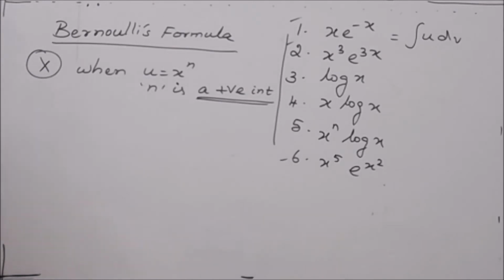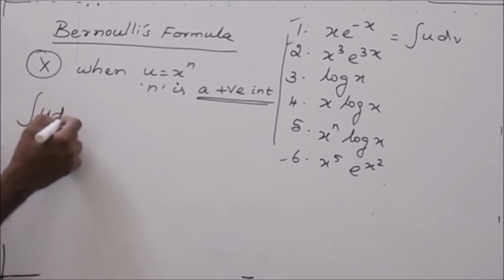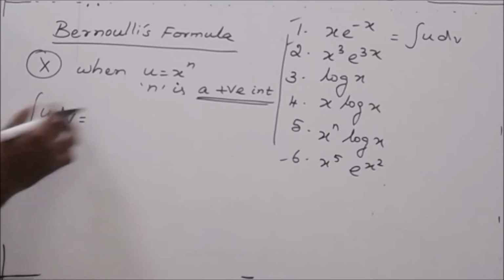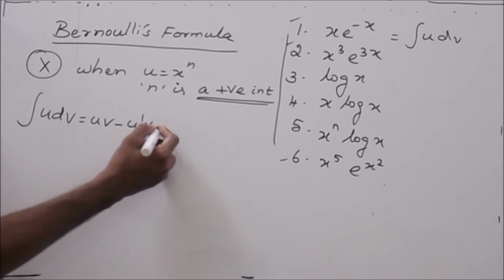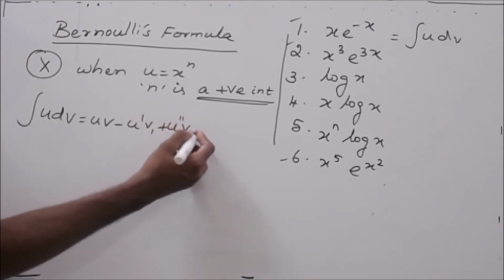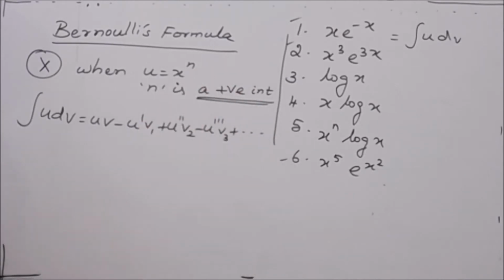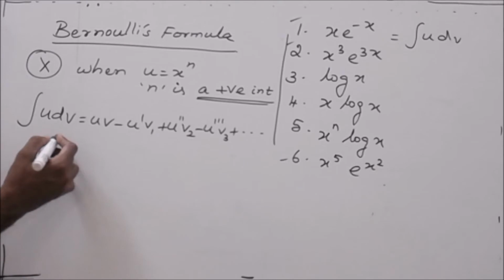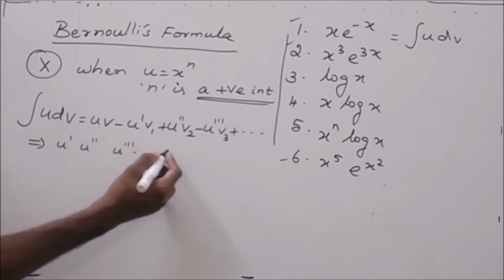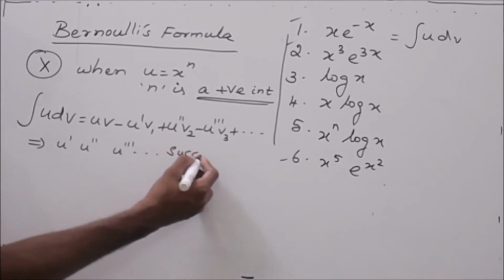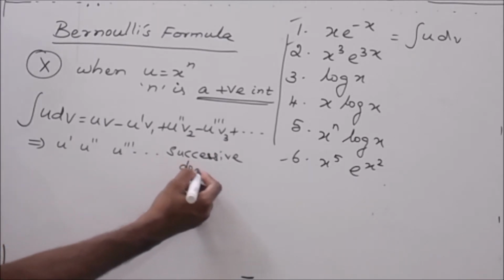The Bernoulli formula is taken as the given function in the form of u dv, and then it will be equal to uv minus u dash v1 plus u double dash v2 minus u triple dash v3 plus etc., where u dash, u double dash, u triple dash, etc. are successive derivatives of u.